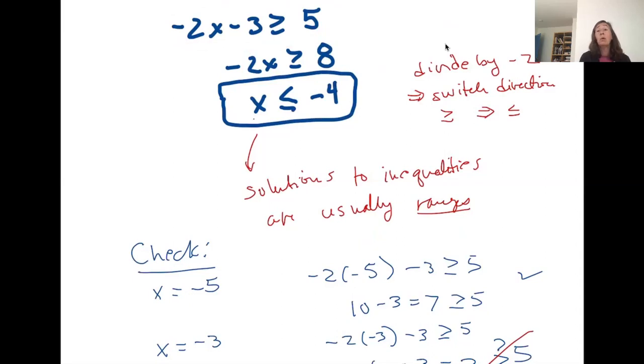Okay, so the next video has two slightly more complicated examples where we're having to think about multiplying or dividing by expressions that can take both positive and negative numbers, and we'll approach that in the way that we often do with math. We'll just consider the cases separately. So see you then.